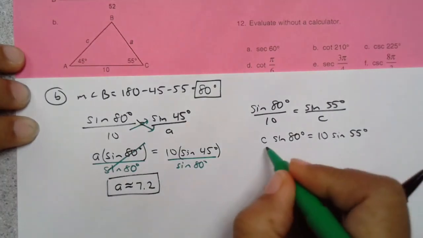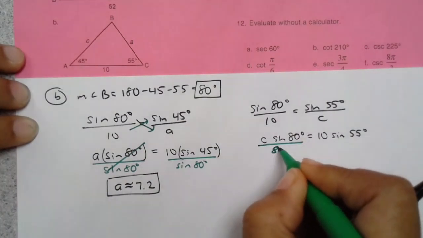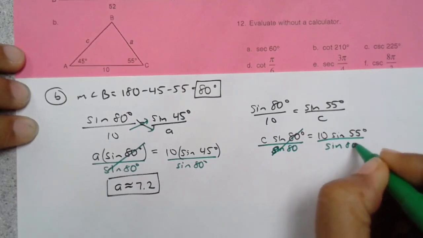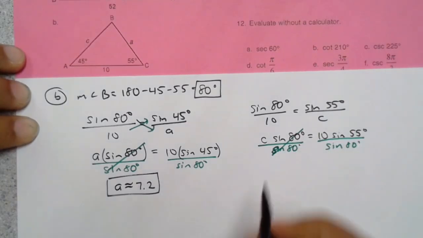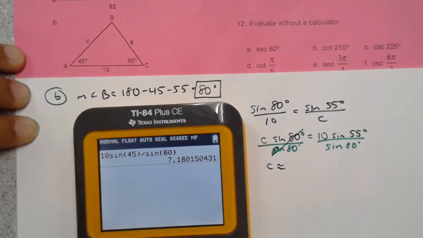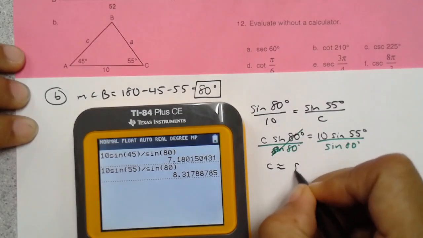To get rid of sine 80, I'm going to cancel by dividing it on both sides. All right, so now I'm going to go ahead and put this into the calculator. So I have 10 sine of 55 divided by sine of 80. And that gets us a value of about 8.3.